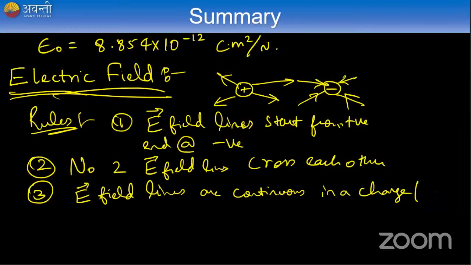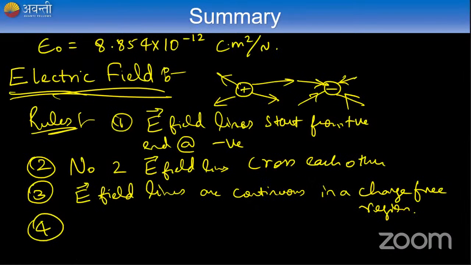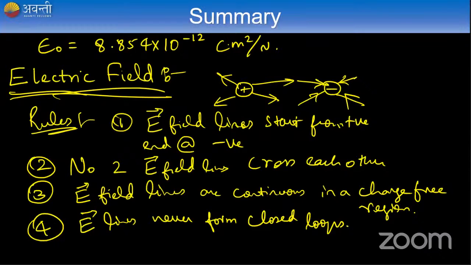And the last rule: electric field lines never form closed loops.